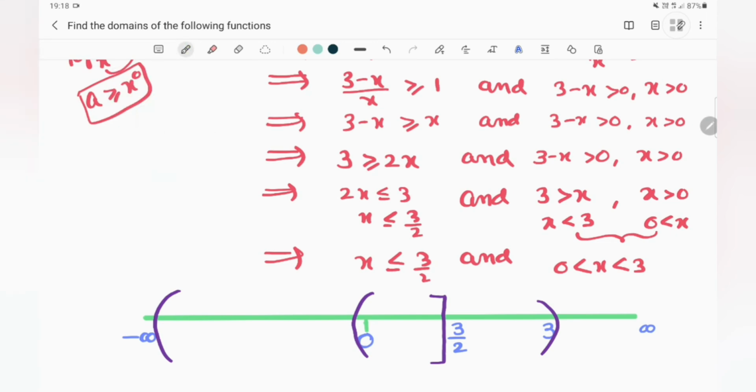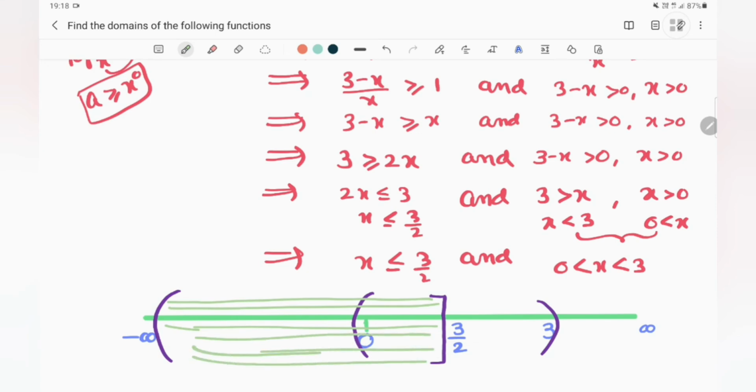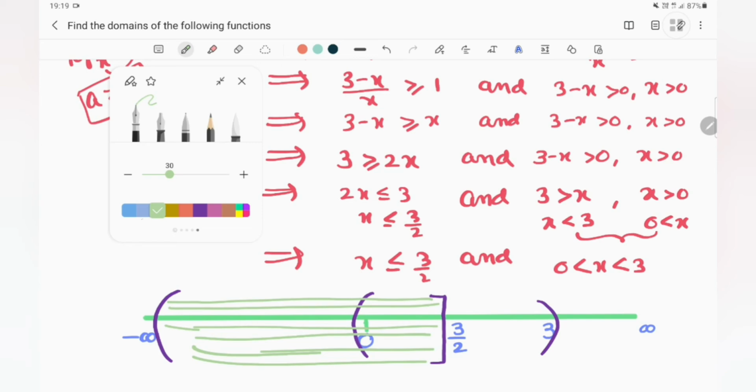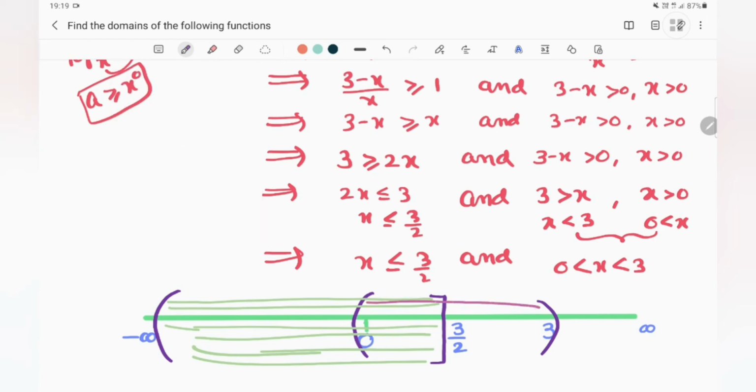See here, whenever a combination and common things will be there, generally here. See, from here to here it is an open interval.